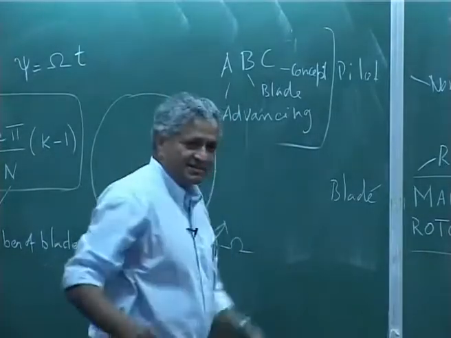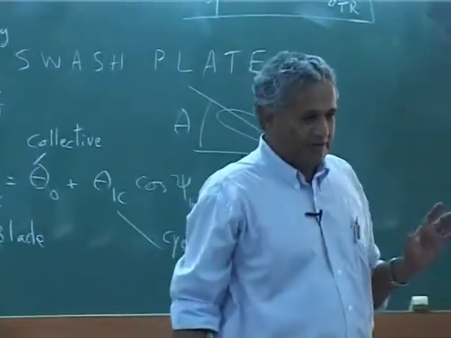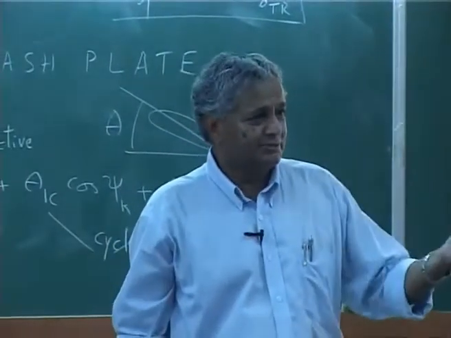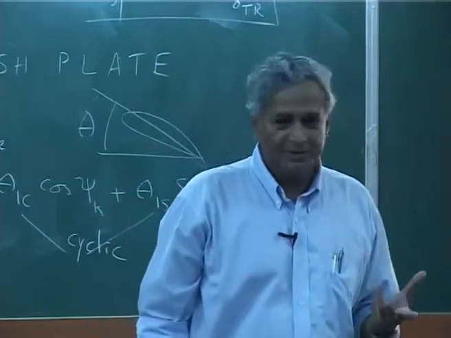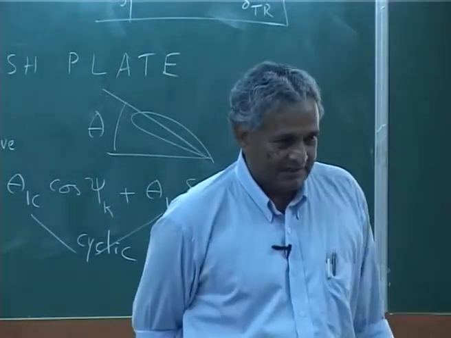This particular thing is a contra rotating rotor system, that is all. Sometimes it is fancy to call a new name, so that people say, oh, what is that. Otherwise there is nothing special.